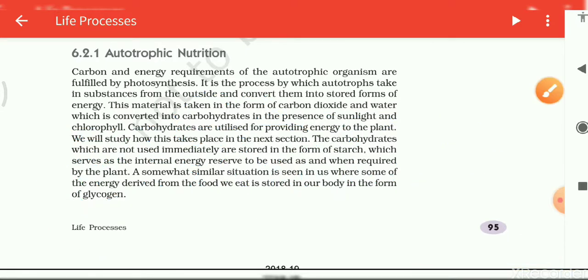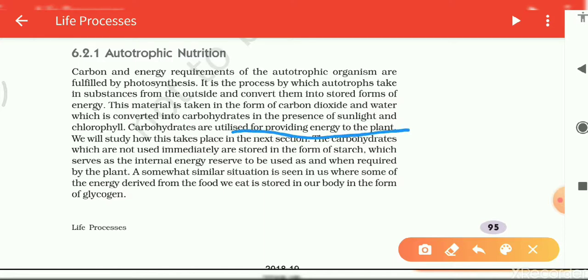Now let's see, the same things are written here in the book. Carbohydrates are utilized for providing energy to the plant. We will study how this takes place in the next section. The carbohydrates which are not used immediately are stored in the form of starch.